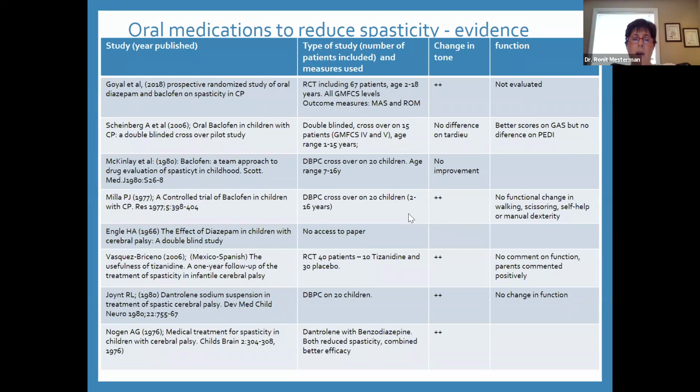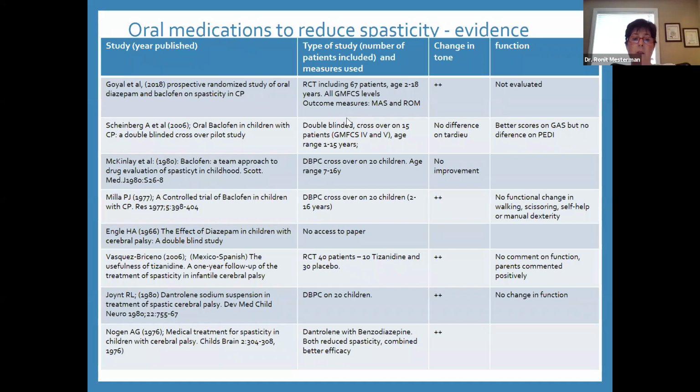When I prepared this talk for my learners, I reviewed the literature, and until not long ago, surprisingly, there were very few randomized controlled trials really assessing these medications that seem to be commonly used.